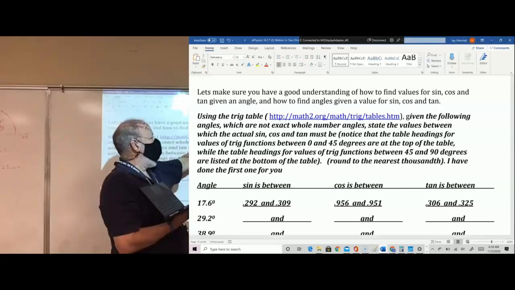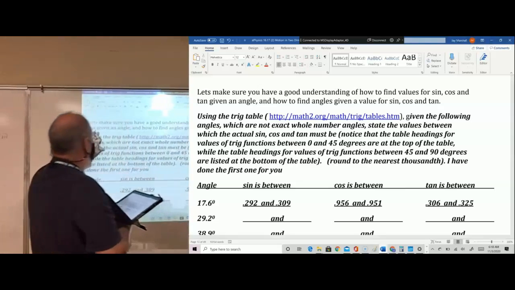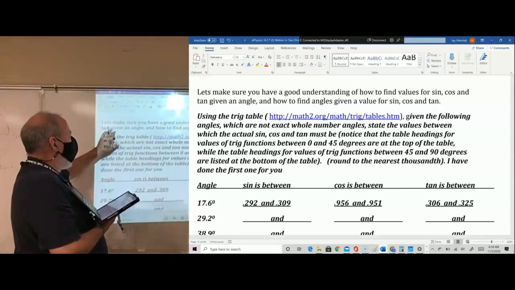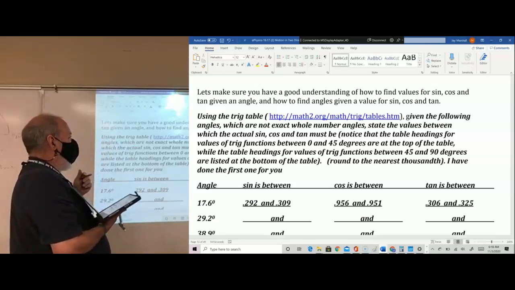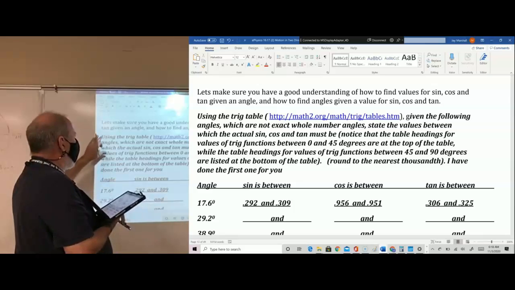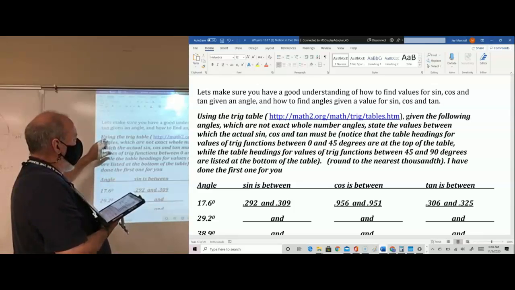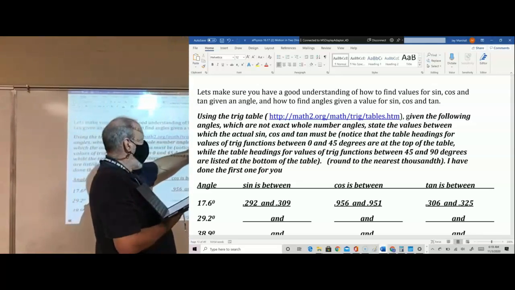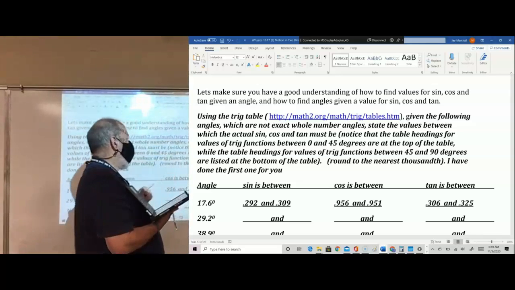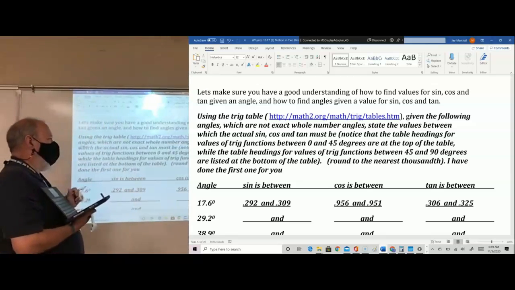Okay, now I want to make sure that you have a good understanding of how to find values for sine, cosine, and tangent given an angle, and how to find angles given a value for sine, cosine, and tangent. Okay, so using the trig table, and I've given you that, or if you're doing this online, you can go to this website and print up that trig table or just view it online.